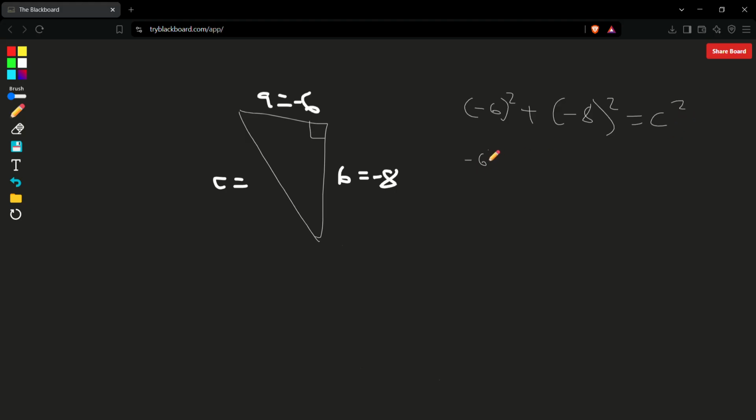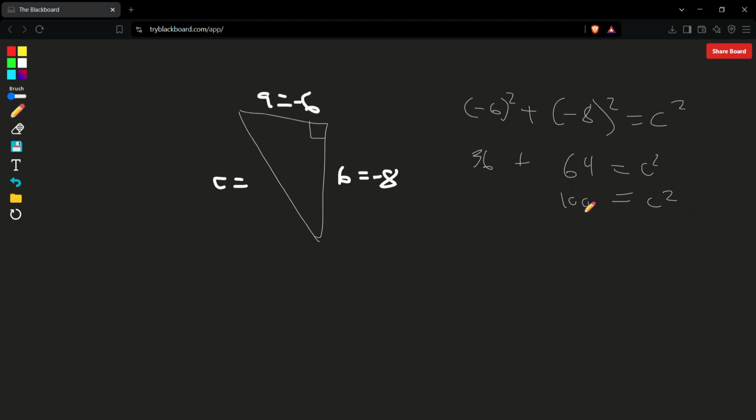Because negative 6 squared is very different from (negative 6) squared. Because you're basically saying negative 36, while the other one is just 36, since negative 6 times negative 6, both negatives multiplying each other, results in a positive value. So we have 36, and for this one we have 64. So c squared would be 100.